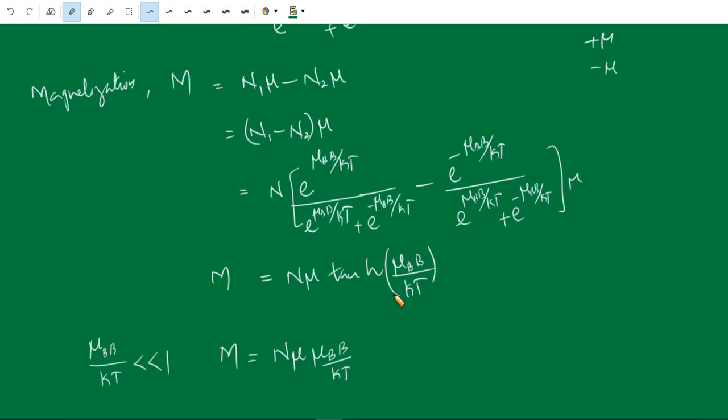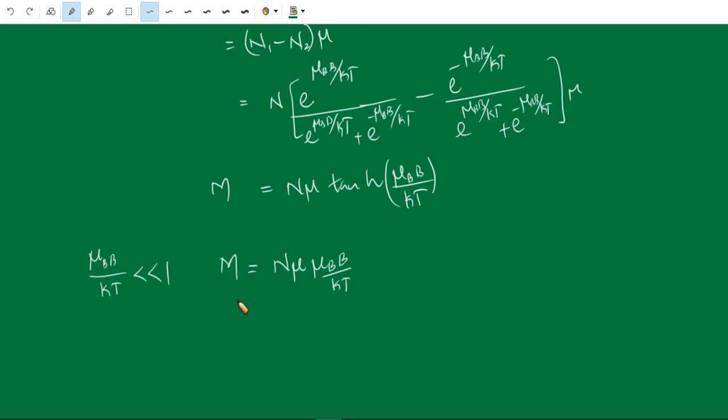That is, when x is very small, tanh x becomes x. Okay, so therefore M is equal to N mu times mu B divided by kT. So this is the magnetization. From that we can get the susceptibility.